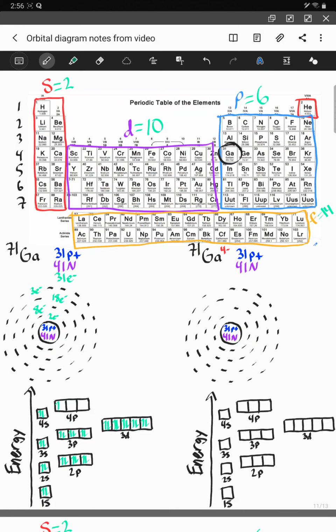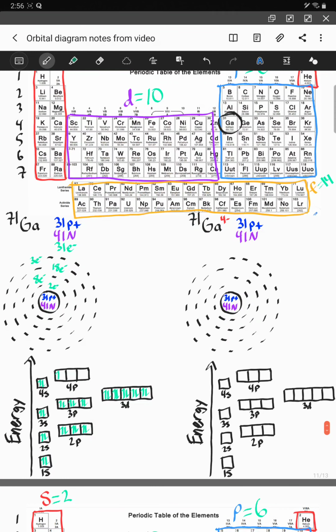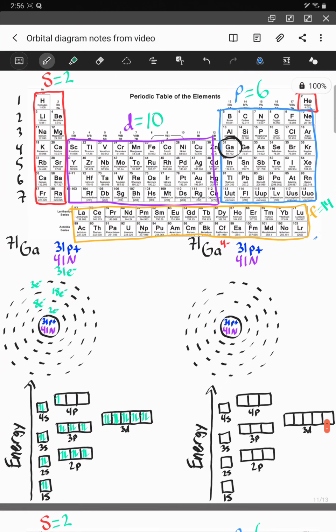Now let's try gallium with a -4 charge. Again, I recommended last time that if we have an element that is somewhere after calcium, it's going to be easier to draw in the orbital diagram first. So I'm going to go ahead and do the orbital diagram first.